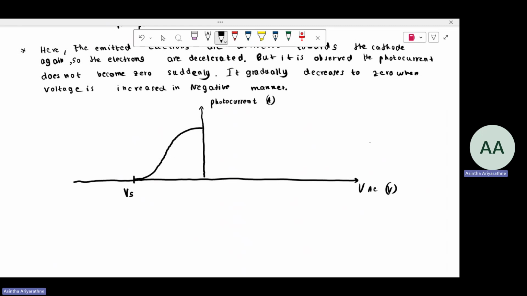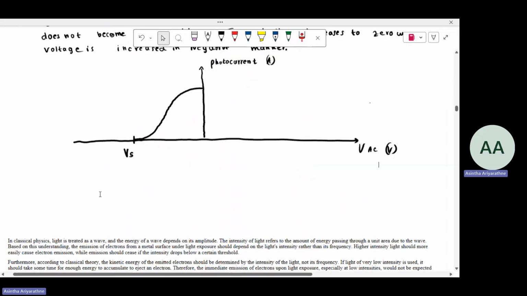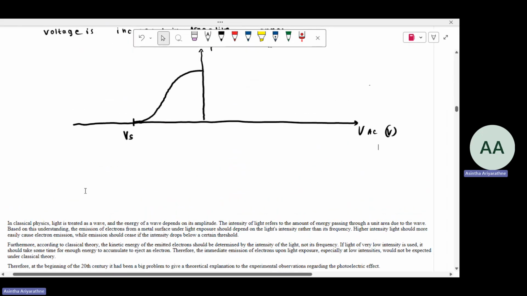The photocurrent comes to zero at a particular value.